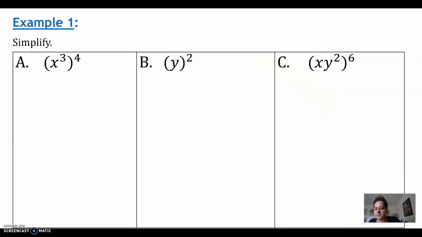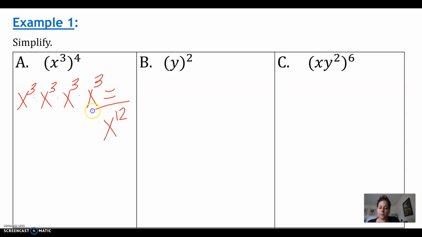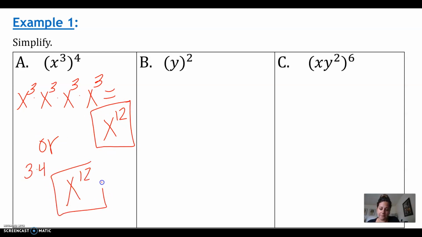Okay, so let's do some examples. For some of these, there really is no work. So you can expand it by doing x cubed, x cubed, x cubed, x cubed, which if you were to add all of those 3's together, you would get x to the 12th, or simply just do 3 times 4, and you're still going to get x to the 12th.